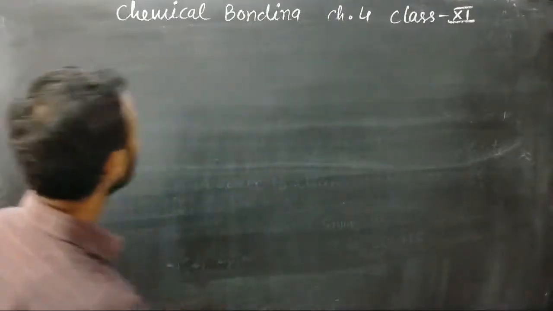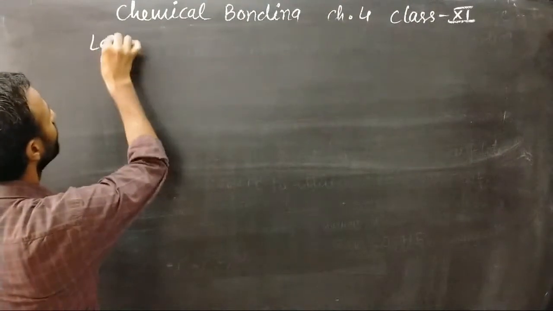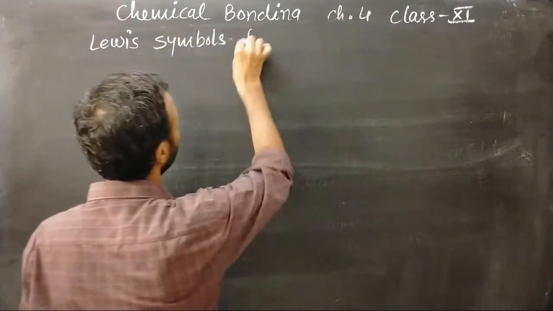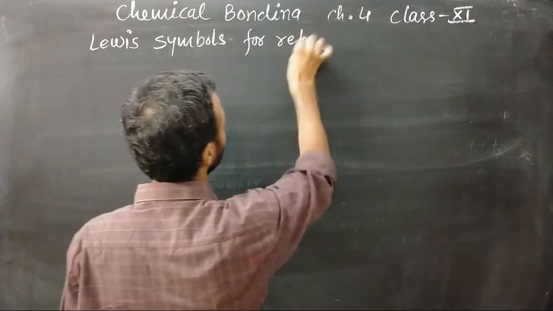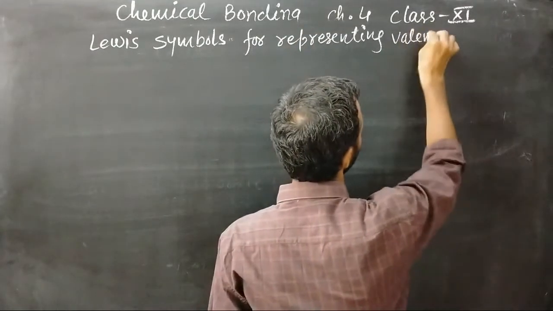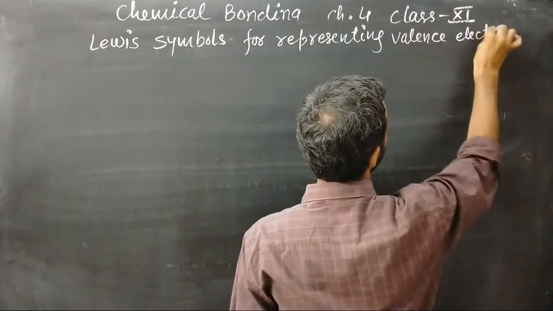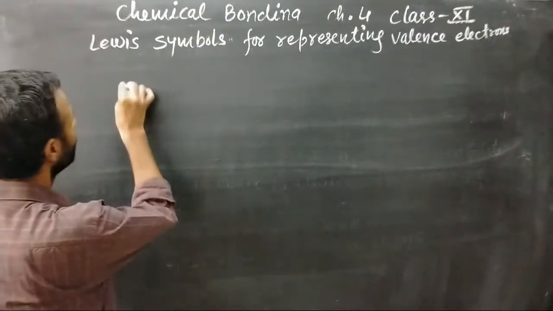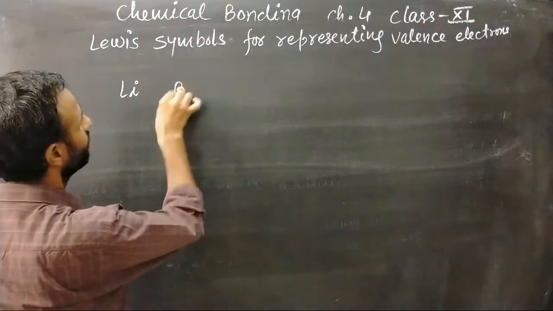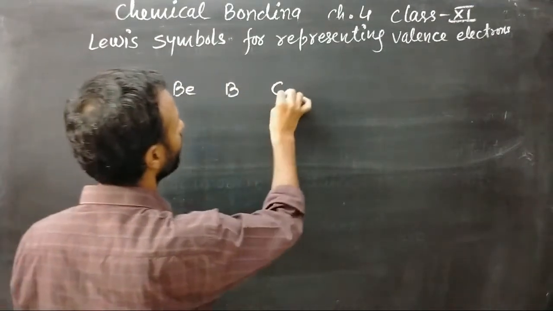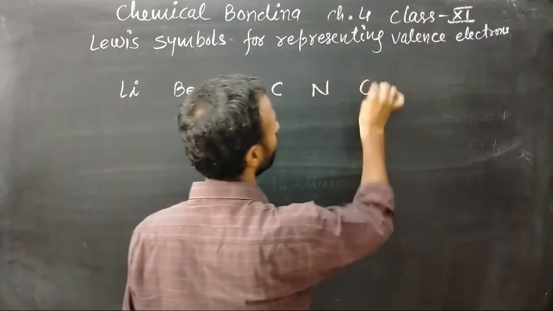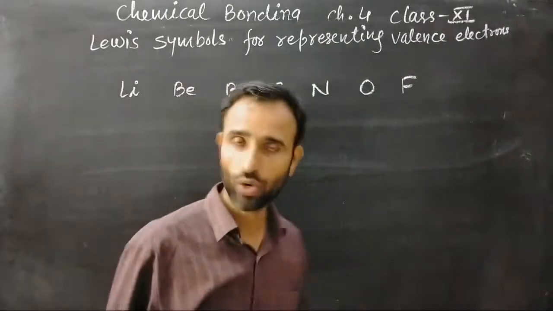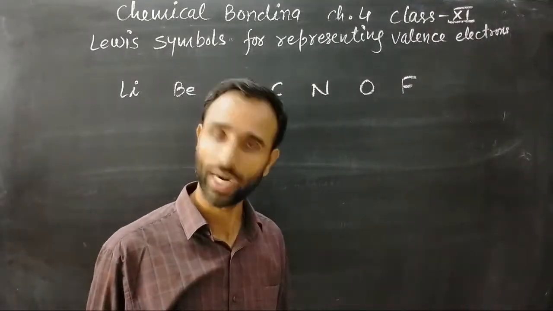Okay. Now, Lewis symbols for representing valence electrons. For example, if we have lithium, beryllium, boron, carbon, nitrogen, oxygen, fluorine, these are ordinary symbols of atoms.